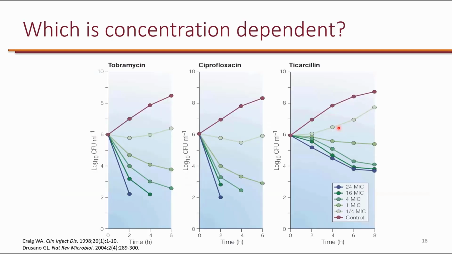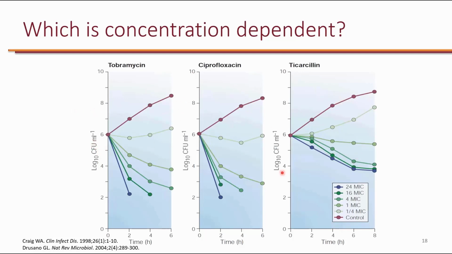The time it takes to go above the MIC and then below the MIC, that's referred to as time above MIC. In this picture, on the horizontal axis, we're looking at time, and the units of time are hour. And on the vertical axis, we're looking at the log drop in the CFU, or colony forming units of bacterial growth. So CFUs are basically units of measuring how much bacteria grow on culture. So in all three of these experiments, we have the control.